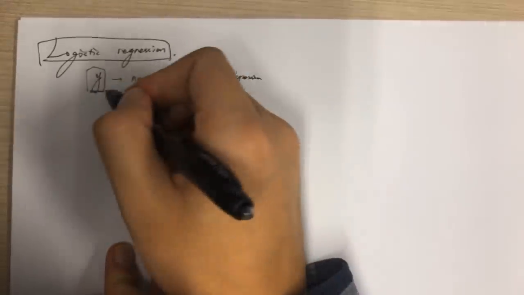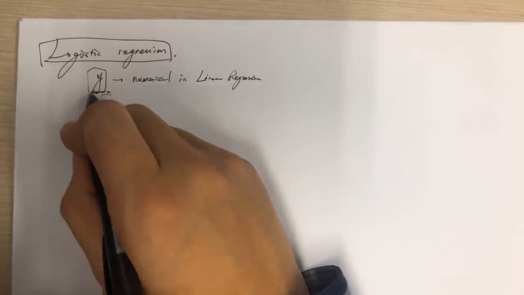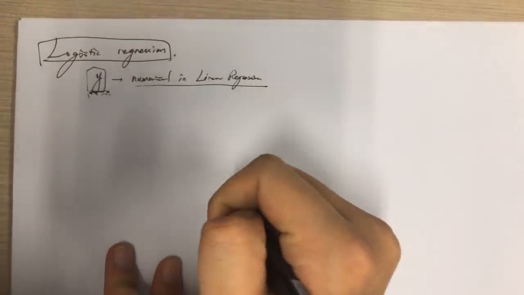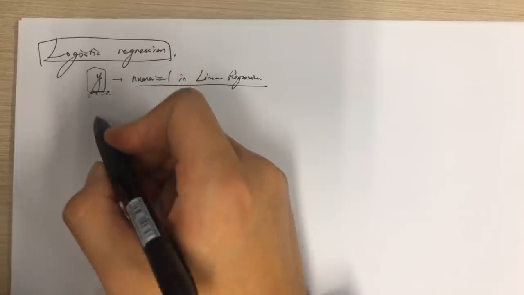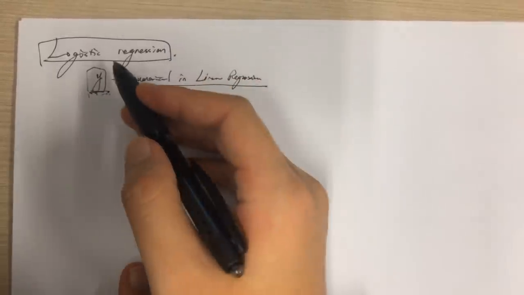So it can be salary, it can be sales, it can be cost, it can be anything that is numerical. However, what if I want to determine if something will happen or not? So that's a categorical thing, right?